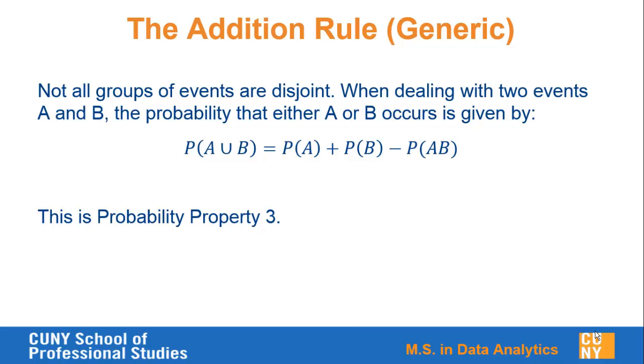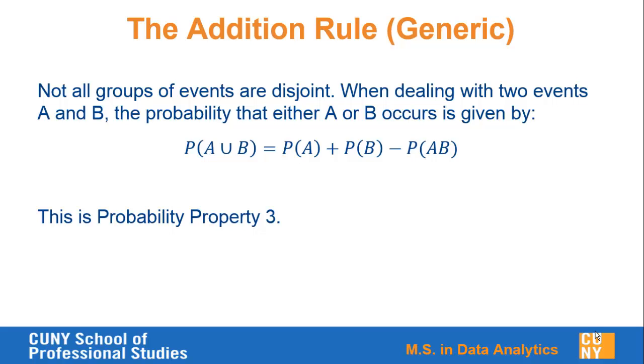Okay, so I said we could get into a little bit of trouble if we don't have disjoint events. So if we're looking at two events A and B that are arbitrary, we don't know whether they're disjoint, we need to say the probability that at least one of the events A or B occurs is equal to the sum of the two probabilities of the events minus the probability that both occur. And the reason for that is that when we count up all of the outcomes in A, some of them are also in B. And then when we count up all of the outcomes in B, some of them are also in A. So there's overlap.